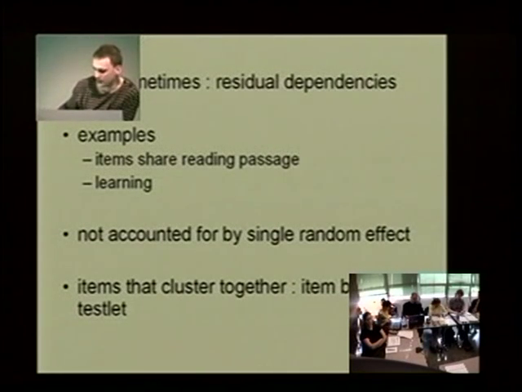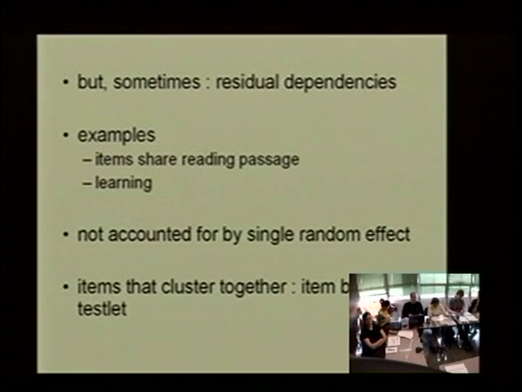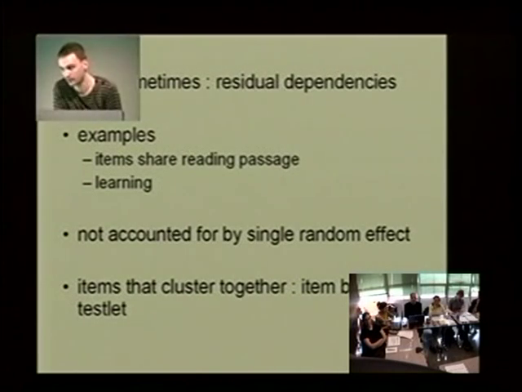But sometimes, unfortunately, this one random effect, or if you have a multidimensional model, these several random effects are not sufficient. Sometimes you are left with residual dependencies after you have taken into account this latent trait. Common examples of this are tests that are based on reading paragraphs, where each paragraph is followed by several questions.